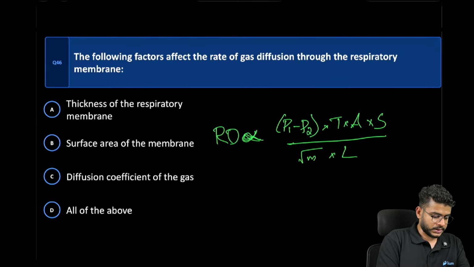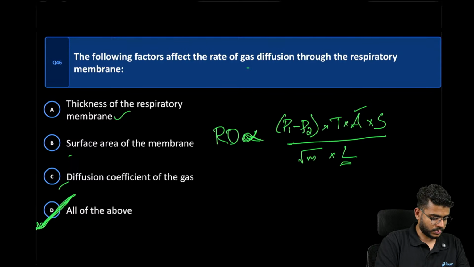So the following factors affect the rate of gas diffusion: thickness, yes, thickness affects the rate of diffusion. Surface area of the membrane, yes, and diffusion coefficient of the gas, yes. So the option will be all of the above. Clear?